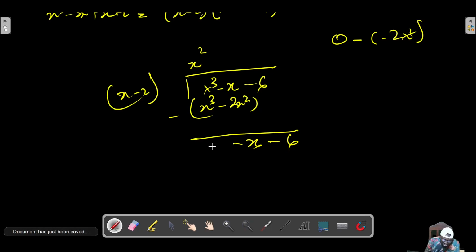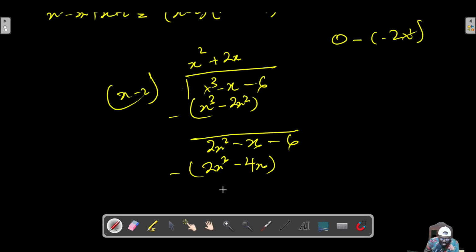We end up with positive 2x squared, and the x cubed terms cancel out. Now, what term when multiplied by this will at least end up with 2x squared? That is positive 2x. So positive 2x multiplied by this term, we end up with 2x squared minus 4x.